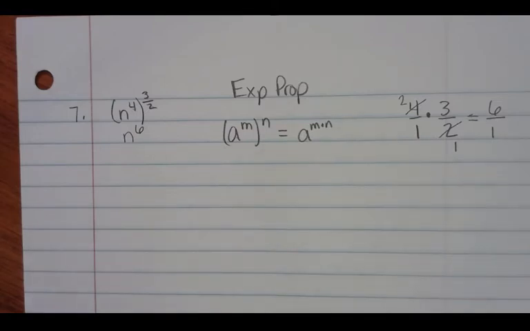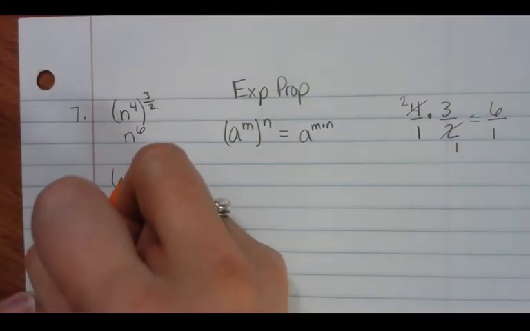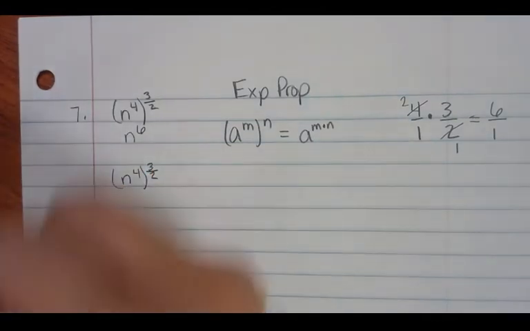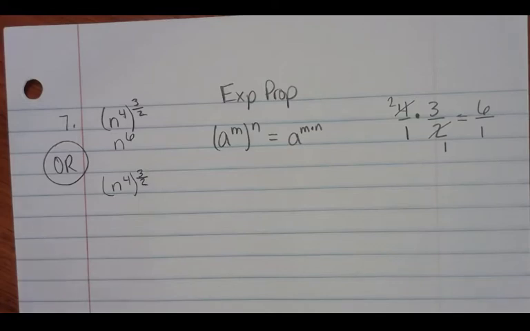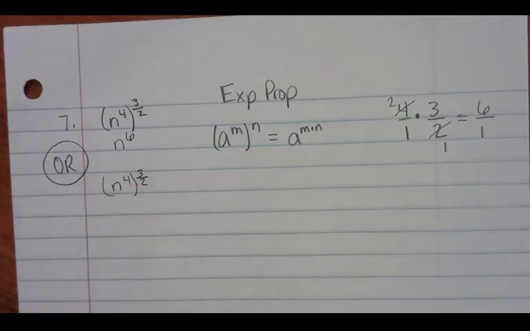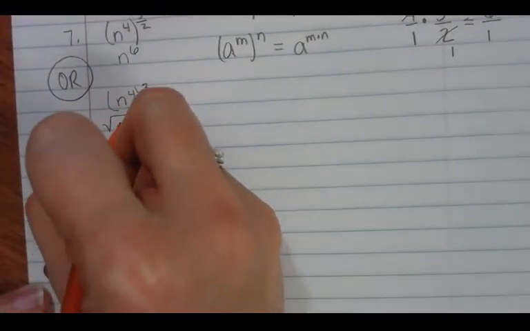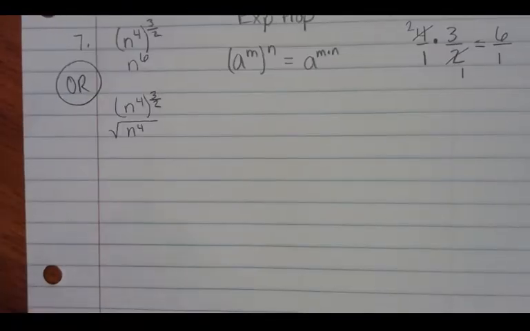But you can also simplify this with radicals. So let's see it work that way. So we're restarting with the same problem. Either method is going to be fine here. So let's change this 3/2 power to a radical. So rewriting our problem, the n to the 4th goes inside the radical, since it's our base on our power.